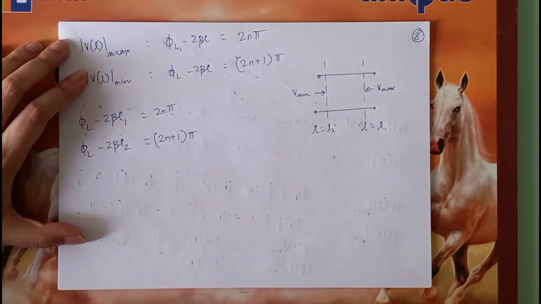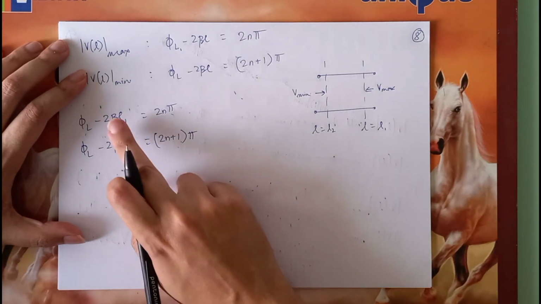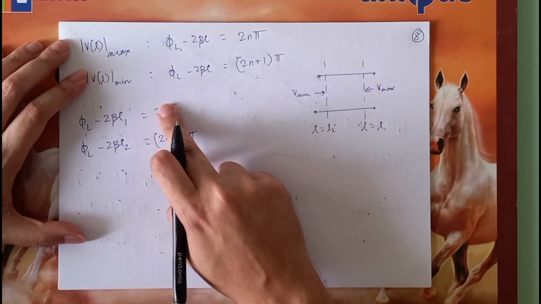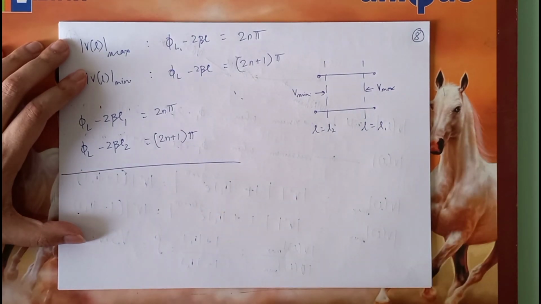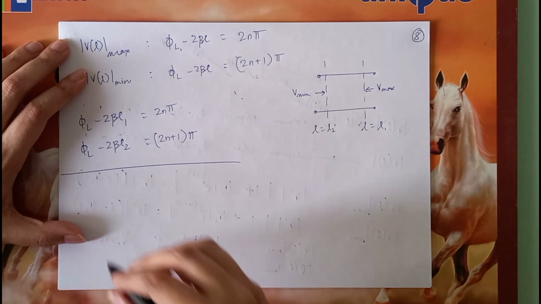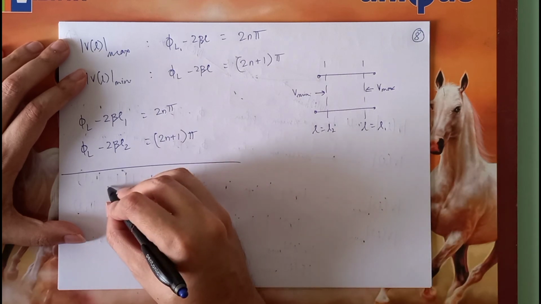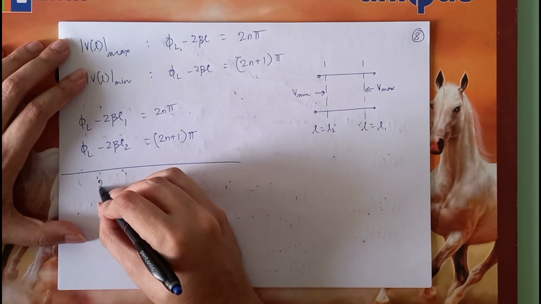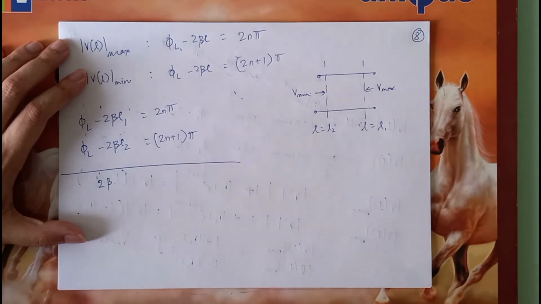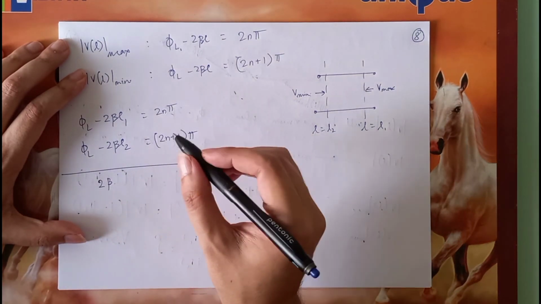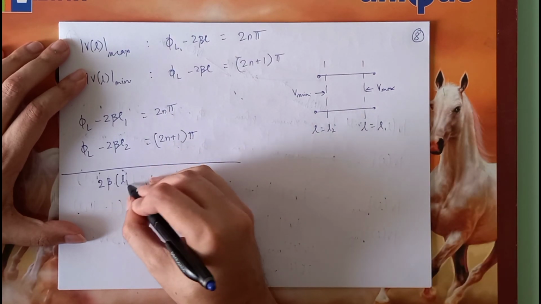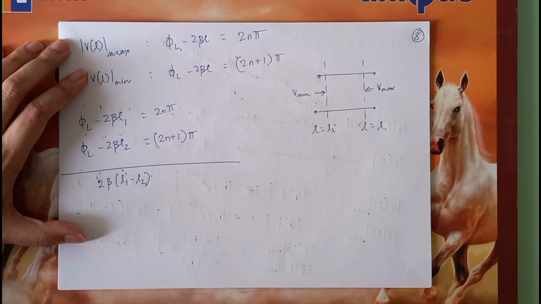So if I take the difference of these two equations, if I subtract the first equation from the second equation, what I will get is the following, and that will be equal to pi. 2n and 2n would get cancelled.